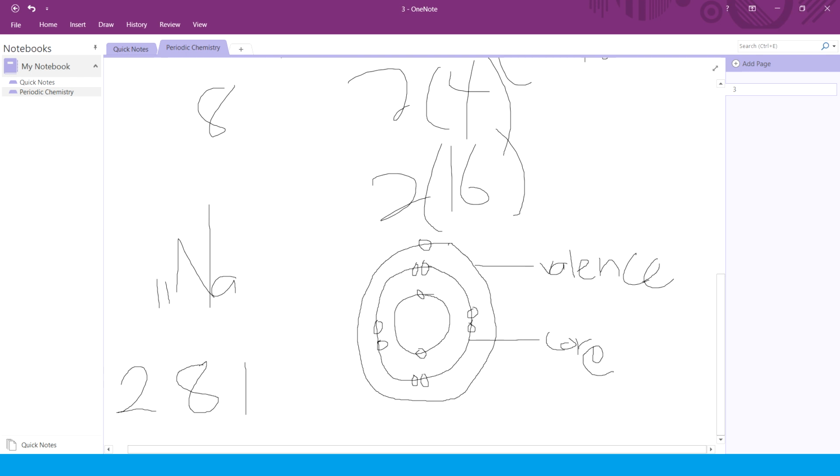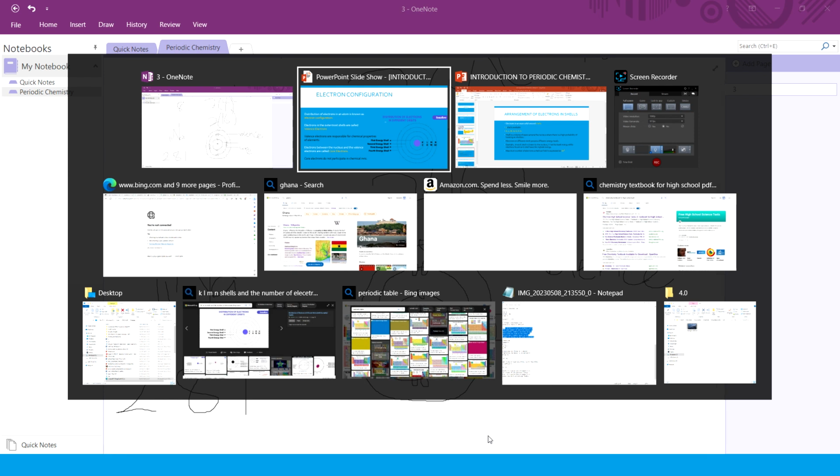Even this one is also a core shell. So the shells that are in between the nucleus and the valence shell are what we call the core shells. Electrons found on core shells are called core electrons. Now let's look at a property of the core electrons.